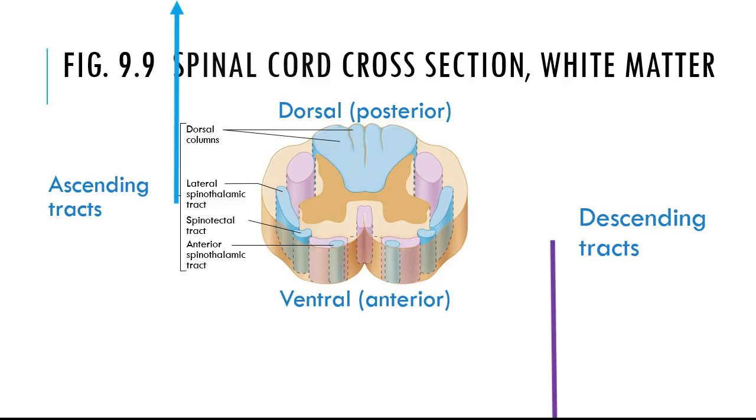In this image, the ascending tracts have been highlighted in blue, and the descending tracts have been highlighted in purple. Although it looks like something solid, if you could just envision thousands of little nerve axons cut in half and you're just looking at them, they give us the directionality based on where they're located. Does that make a little bit of sense? Ascending versus descending.